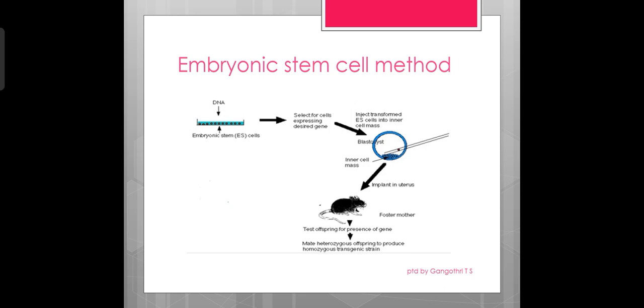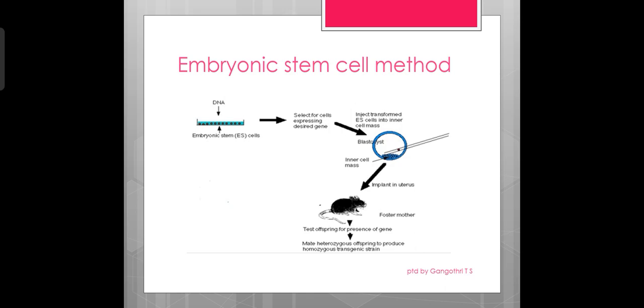Then the transformed embryonic cells are injected into the inner cell mass of the blastocyst. Then this blastocyst is implanted into the uterus of the host animal, or we call them surrogate mother or foster mother.